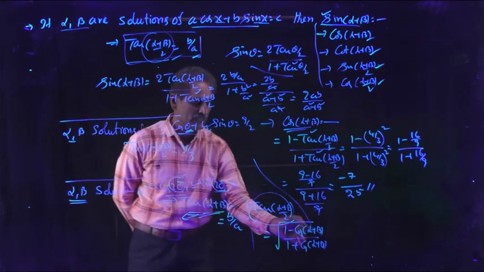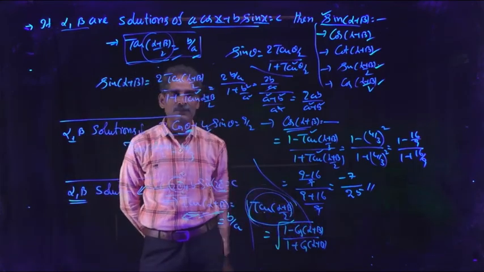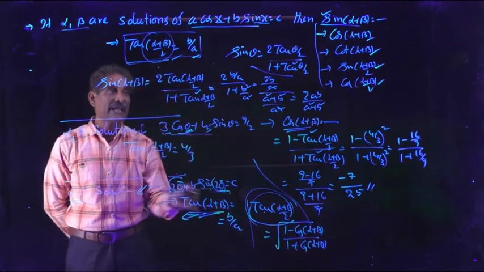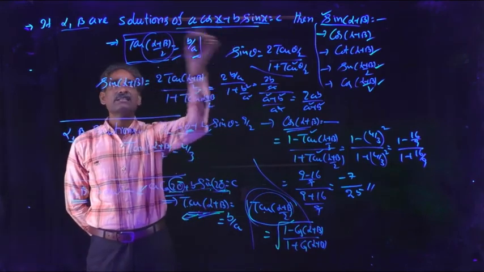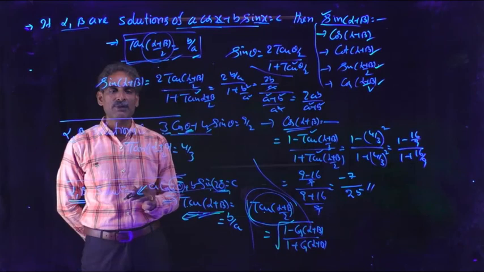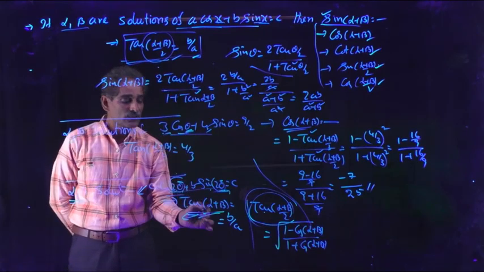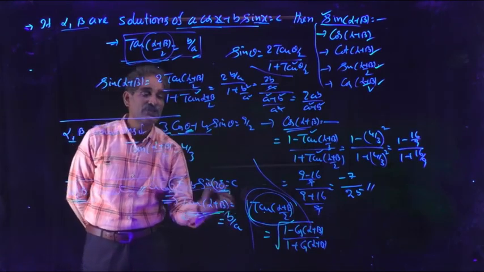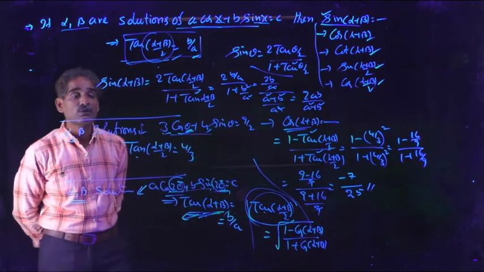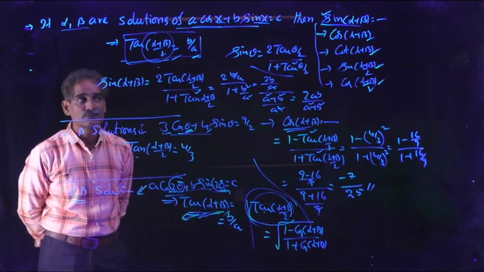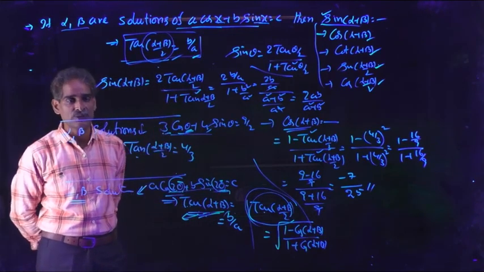Substitute here, we will get tan of alpha plus beta by 2. Just observe the angles here. Here x is there, we will get tan of alpha plus beta by 2. Here 2x is there, we will get this one. But the right side part is the same, coefficient of sine by coefficient of cos. So the observation is very important for this problem.